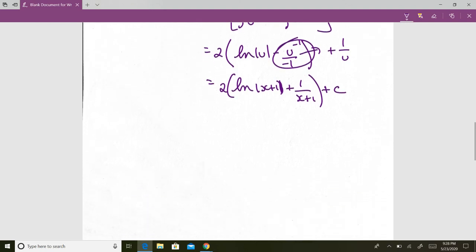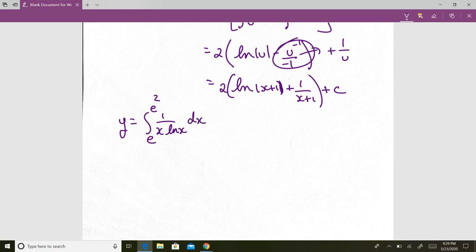All right, last question. Let's solve the definite integral, where we have bounds, from e to e squared of 1 over x natural log of x dx.